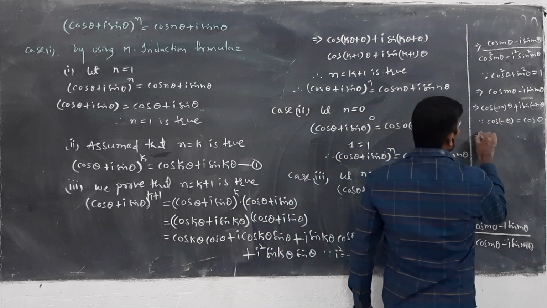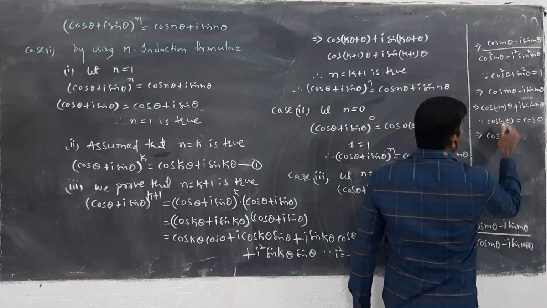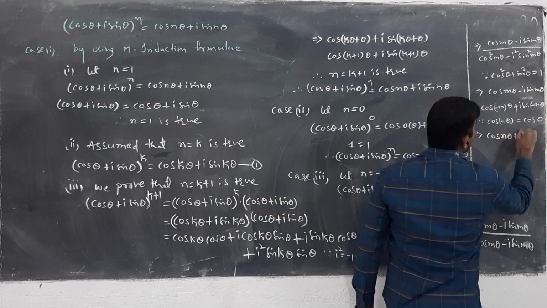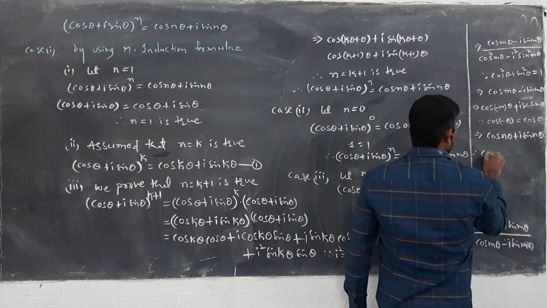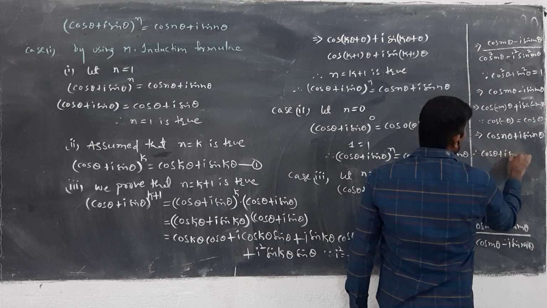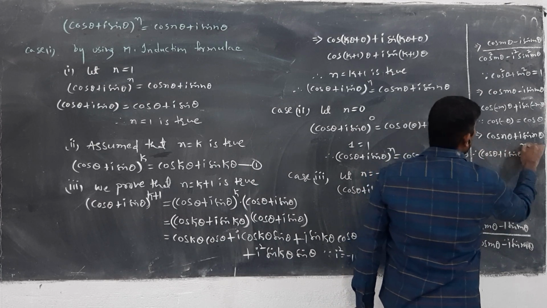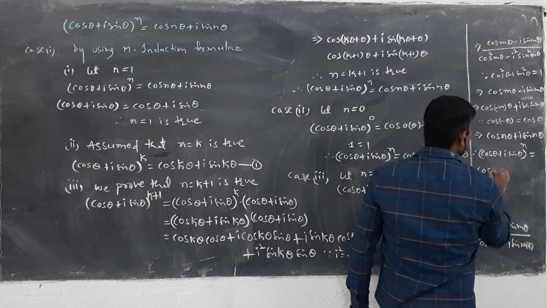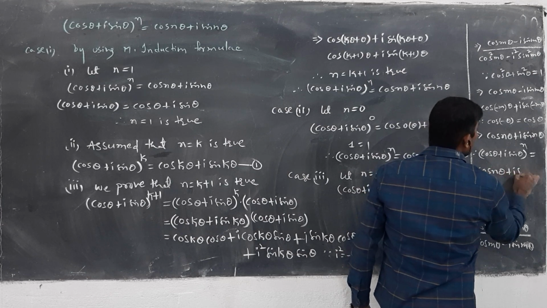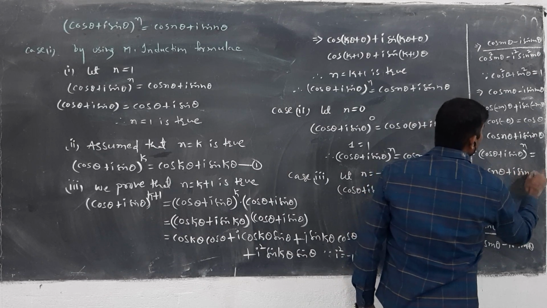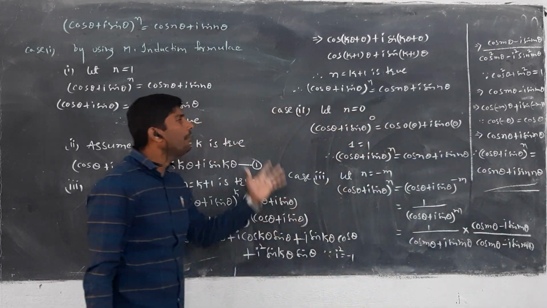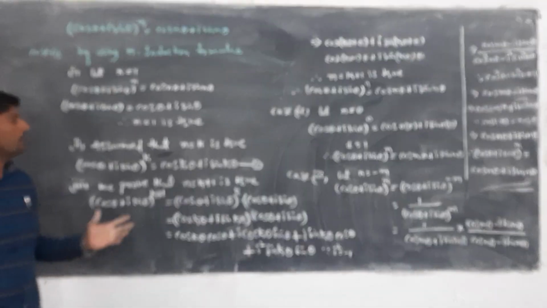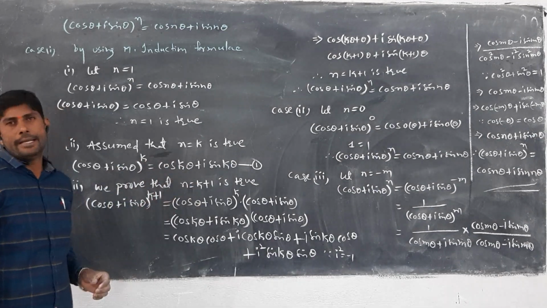So cos n theta plus i sin n theta. Therefore (cos theta plus i sin theta) whole power of n is equal to cos n theta plus i sin n theta. That is De Moivre's theorem for integral index.